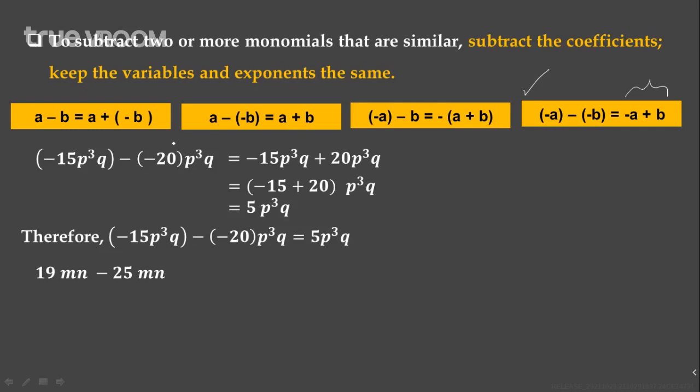All right, answer the next example: 19mn minus 25mn. The answer is equal to negative.